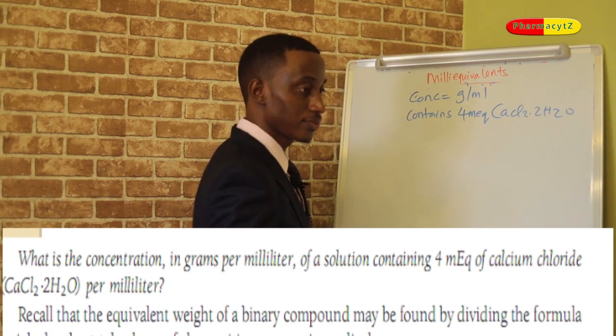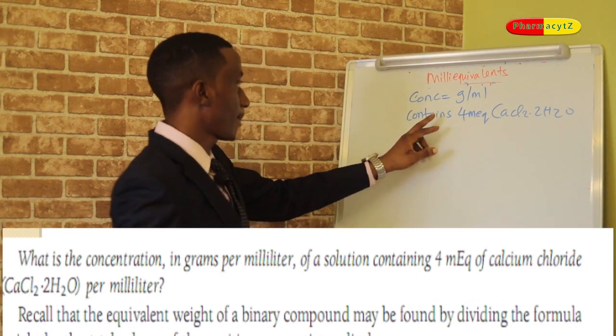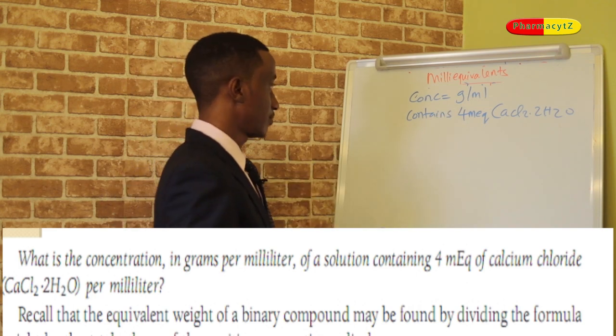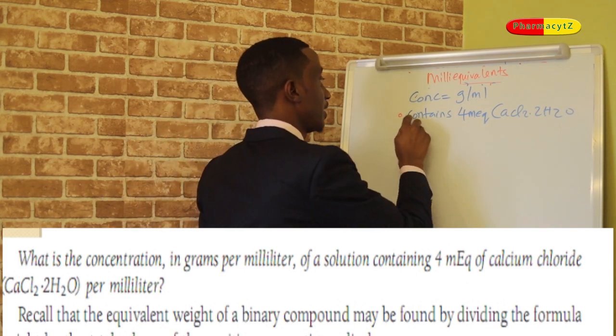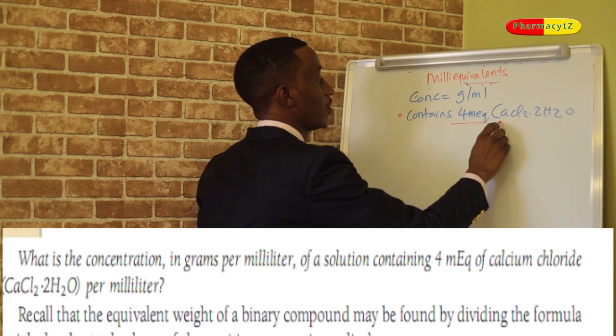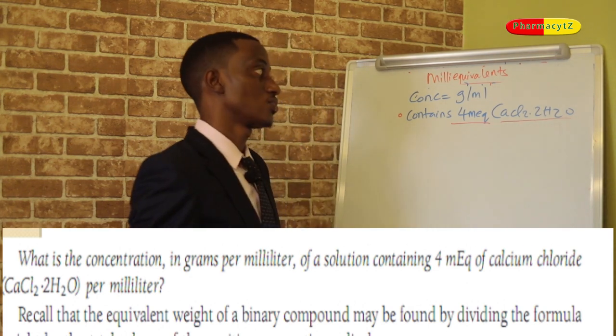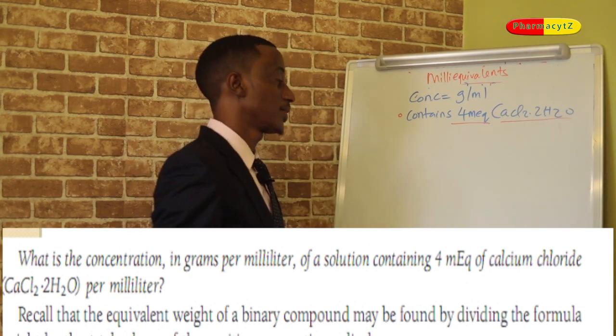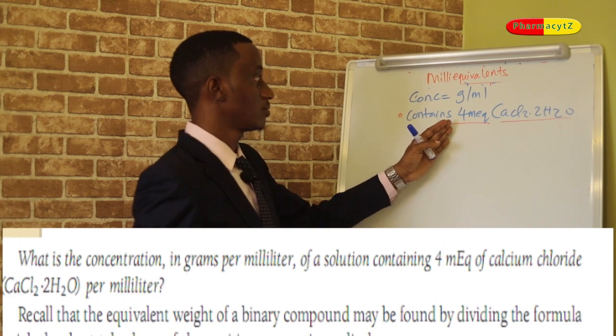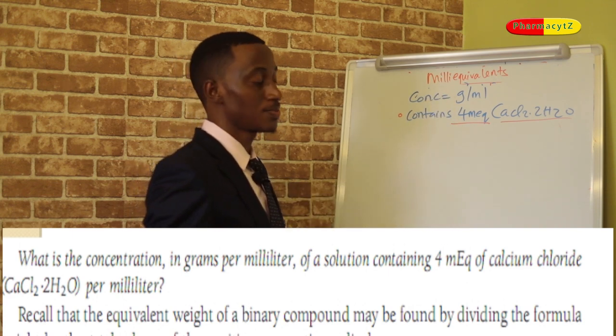So now this is our solution. The solution contains 4 MEq of calcium chloride with 2 molecules of water, and we need to change this concentration into grams per mil.